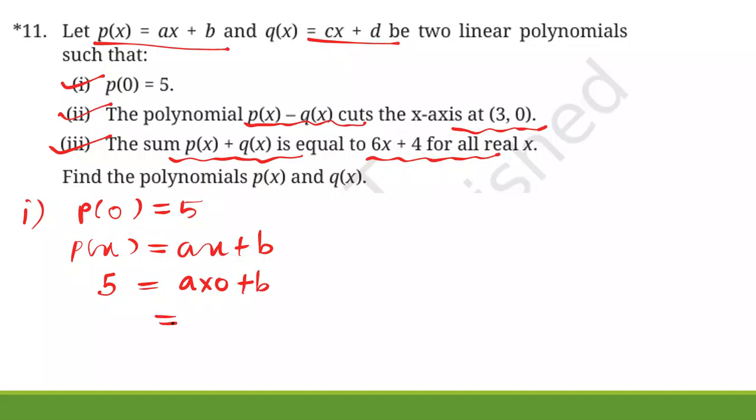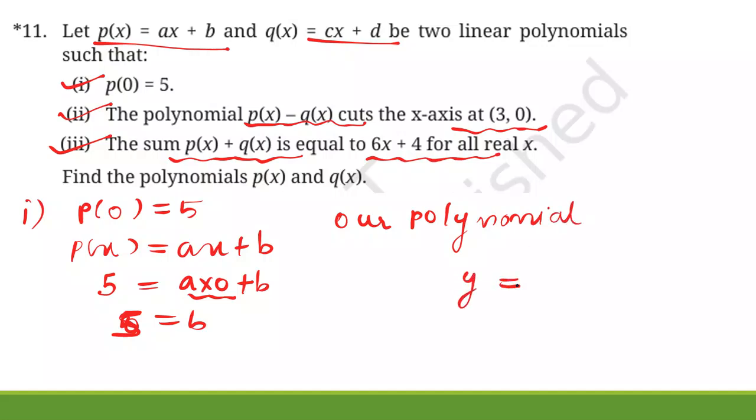That becomes 0, so b is equal to 5. So our polynomial ax plus b can be written as y is equal to ax plus 5. Understood? P of x is equal to ax plus 5.